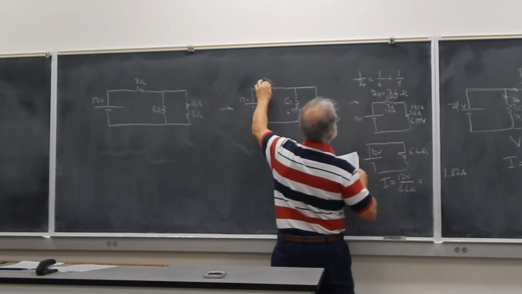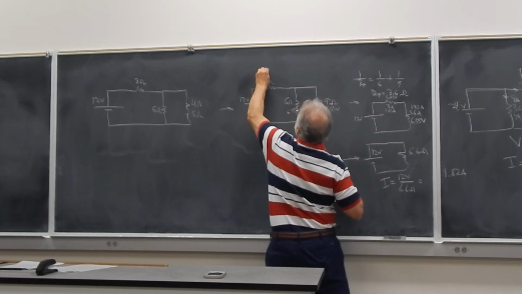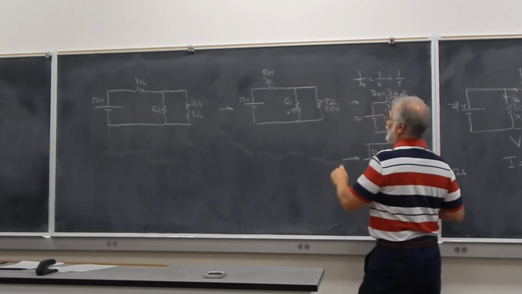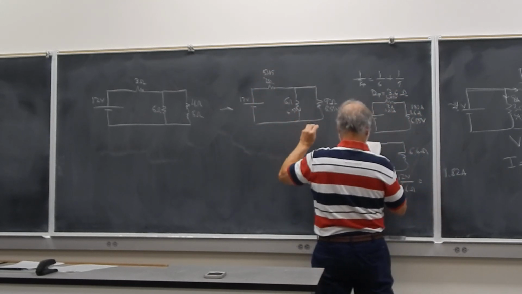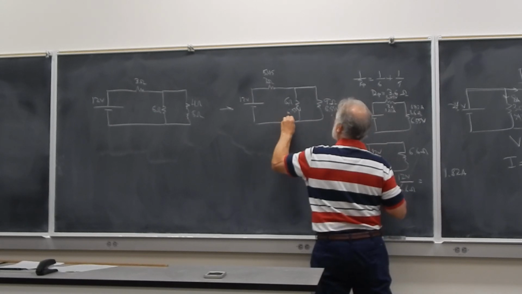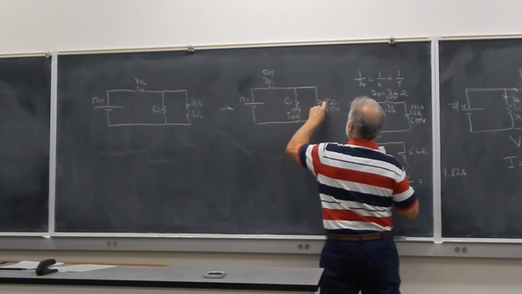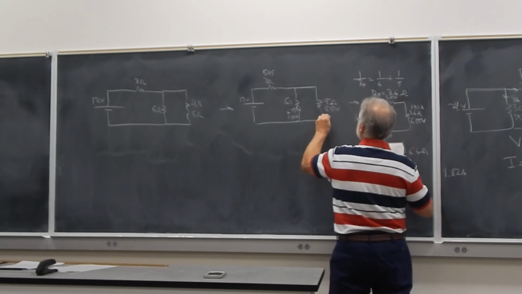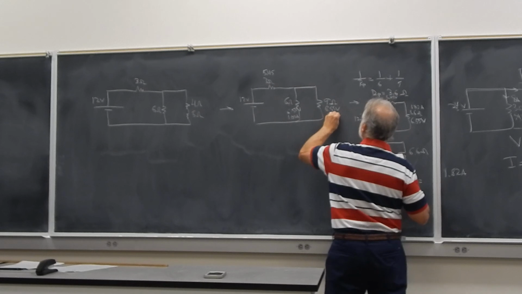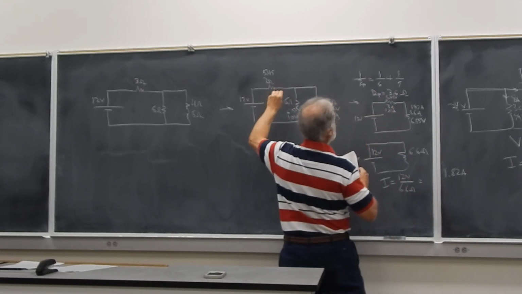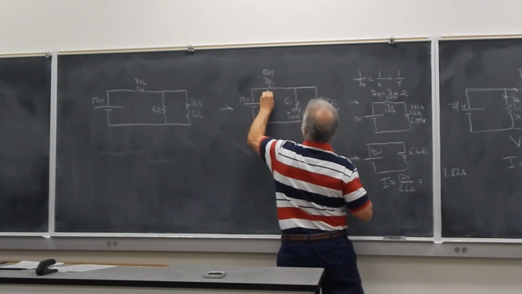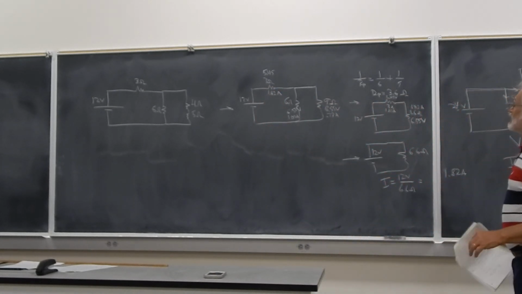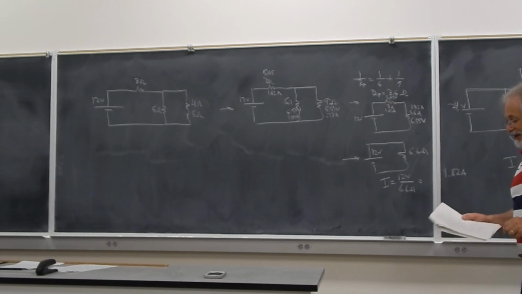The voltage across this will be 5.45 volts. The current then I can just get by dividing 6.55 by 6, which will give me 1.09 amps. The current for this guy will be 6.55 divided by 9, which will give me 0.73 amps. And the current here, of course, is 1.82 amps. That gives me all of the voltages and currents for this circuit.